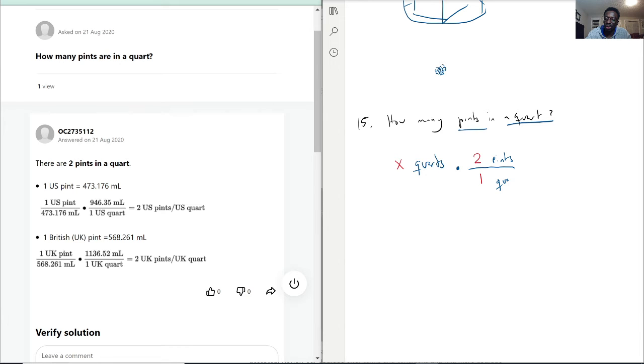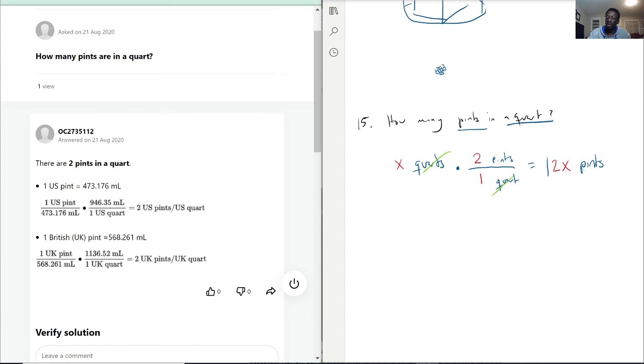1 quart. And you will see here that the units cancel out, so now we only have pints left. Based on this formula, we know there's going to be 2x pints per quart.